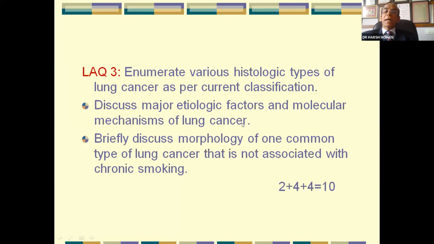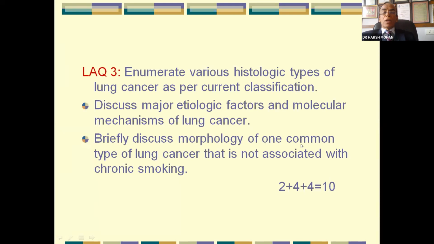This is the up-to-date knowledge of the learner, which needs to be evaluated, carries 4 marks. You can divide it further into etiology as 2 marks and molecular mechanism as 2 marks when you are evaluating it. So it carries 2 marks for classification, 2 marks for etiology, 2 marks for molecular mechanism.